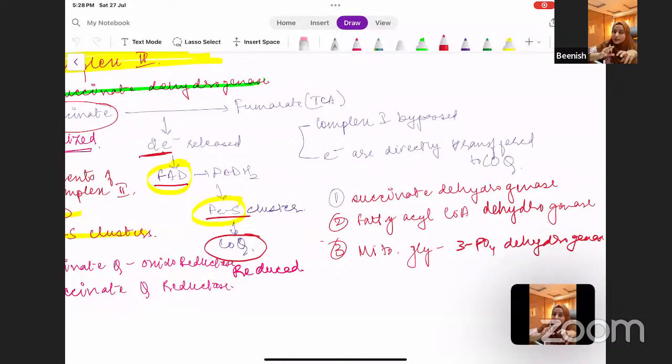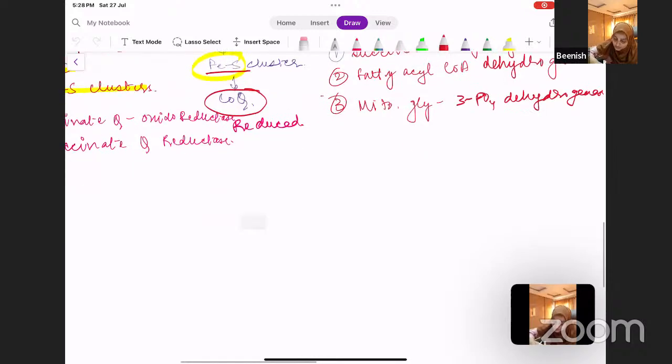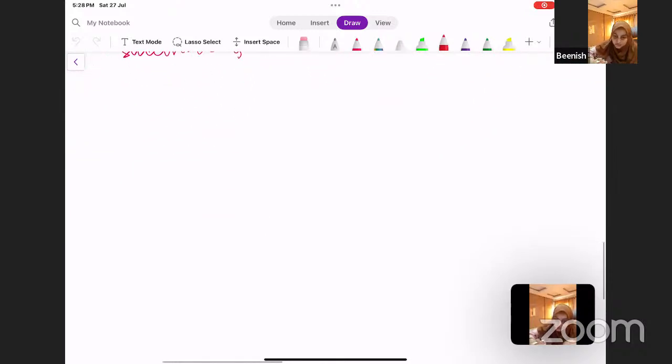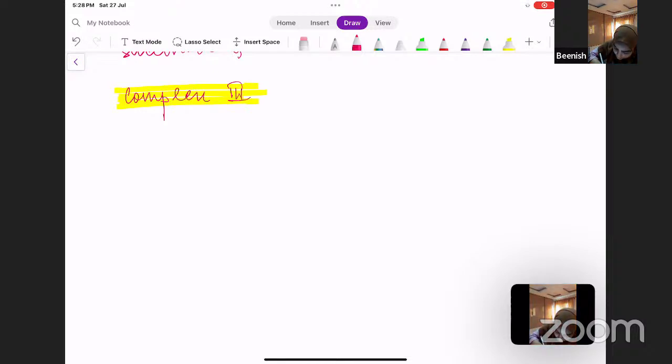Now these electrons from complex 1 and complex 2 that are taken up by coenzyme Q are going to be given to complex 3. So let's talk about complex 3 now. The electrons from coenzyme Q will jump to complex 3.